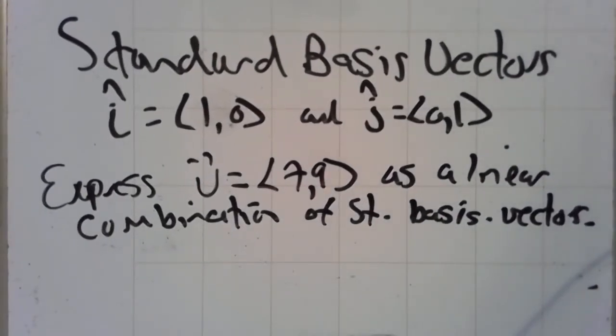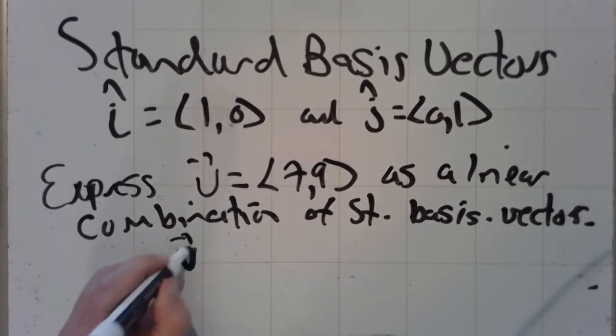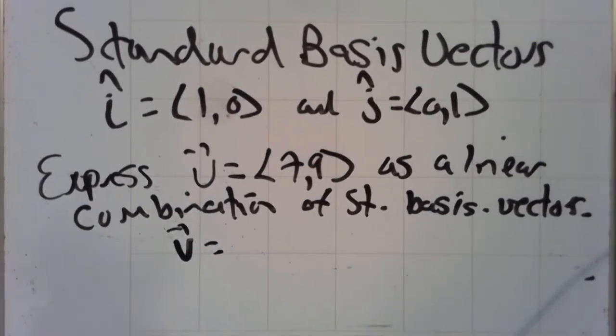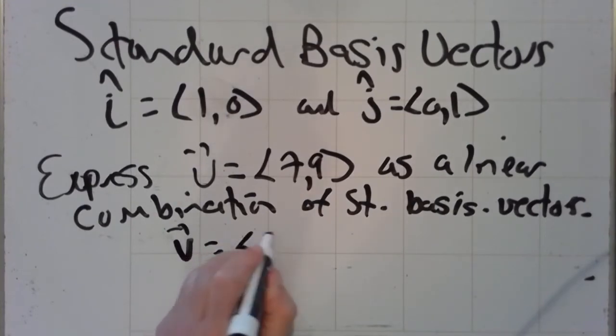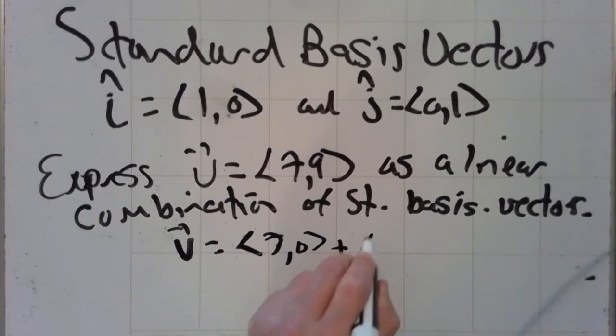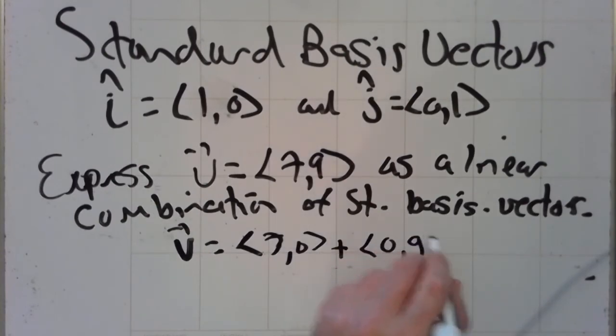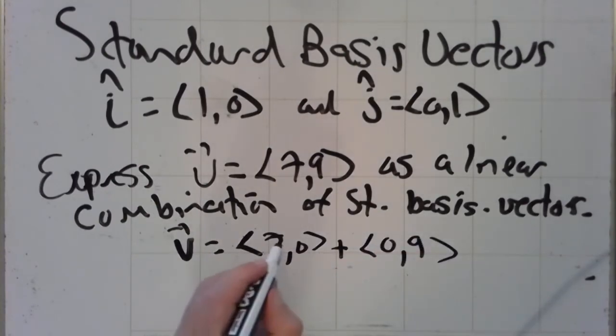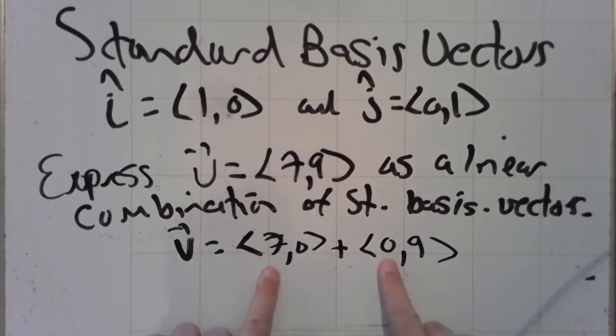Okay, so I'm going to prove to you how we do it, and then the actual doing it is incredibly easy. First, v could be written, if I wanted to, as (7, 0) plus (0, 9). Remember, to add vectors, you just add the x's and add the y's. That would be (7, 9).